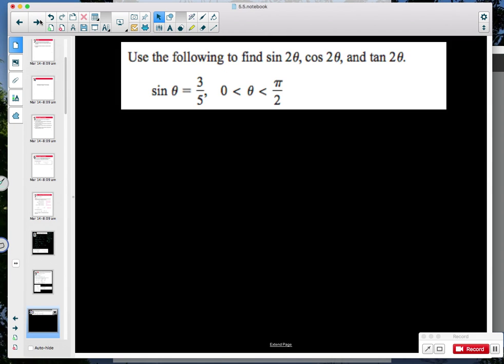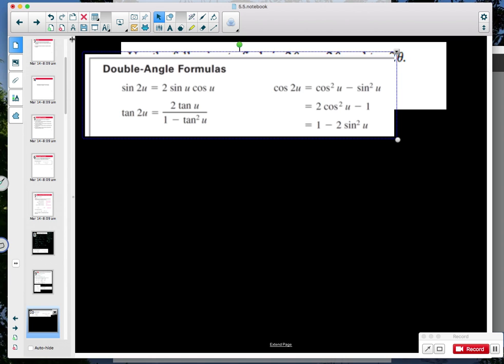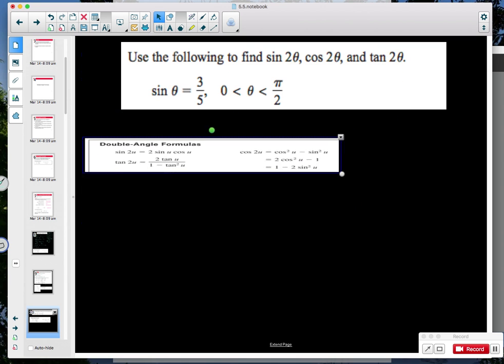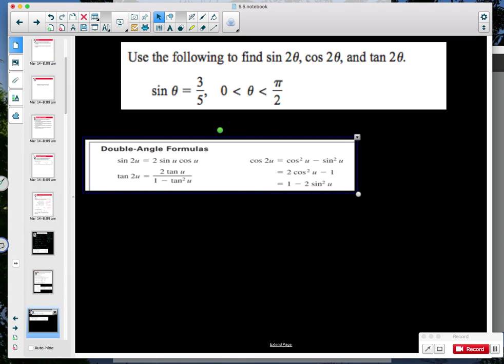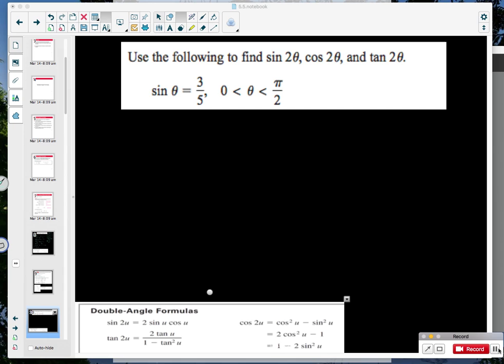So let me do that. Alright, so go ahead and find sine 2 theta, cosine of 2 theta, and tangent 2 theta. I am assuming you will need to draw a triangle in the correct quadrant. So this gives me quadrant 1 here.